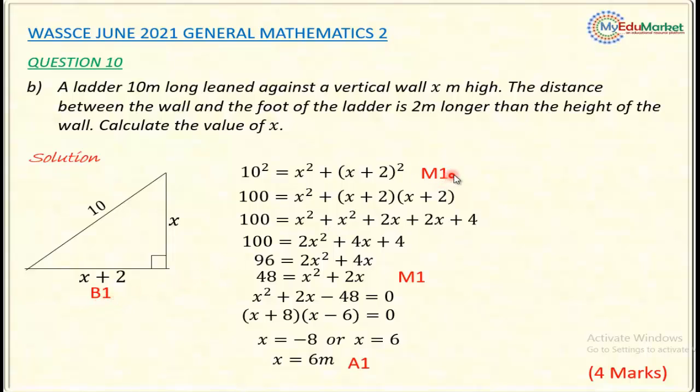For using Pythagoras, you have the method mark, and for simplifying or trying to solve, you have a method 1 mark also. And the final mark is where you have the distance x as 6, the accuracy mark. So in total there are 4 marks to this question according to the marking scheme.